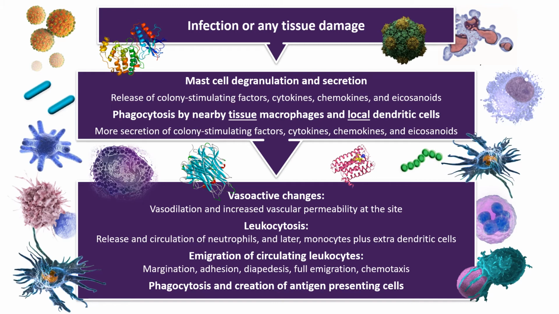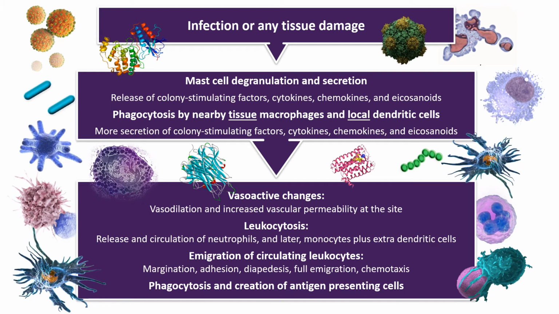So we will get neutrophilia. Later, we will get a release of monocytes that move into the tissues to become macrophages, and we will get dendritic cells. So we've got vasoactive changes followed by or concurrently with leukocytosis.